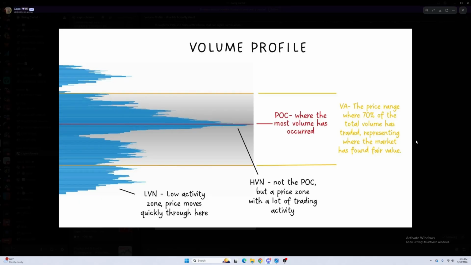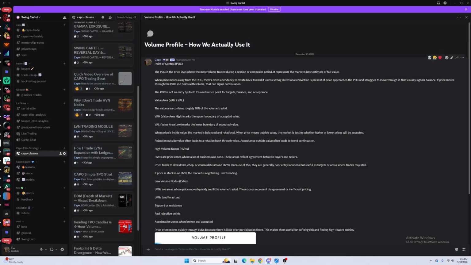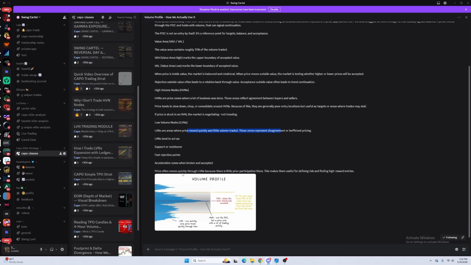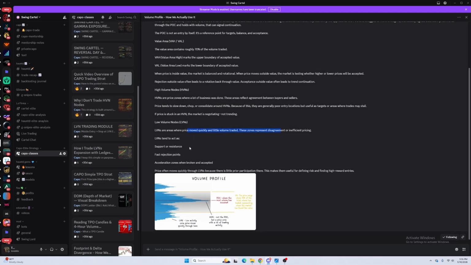Price moves quickly through here, right? So we can often expect price to either reverse or act as acceleration points. We have price points that buyers and sellers do not agree on, right?